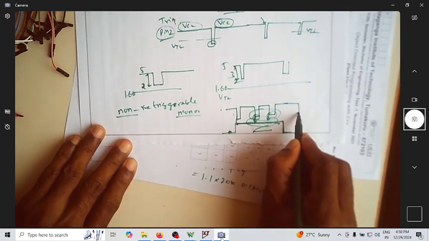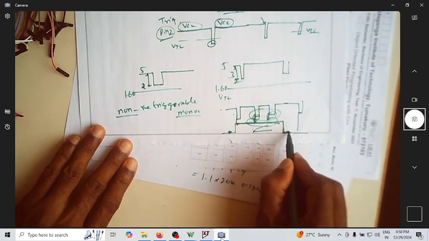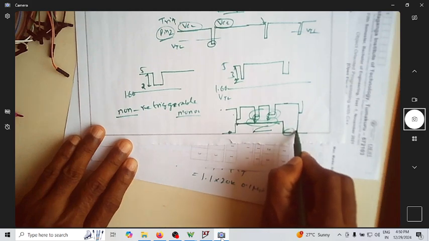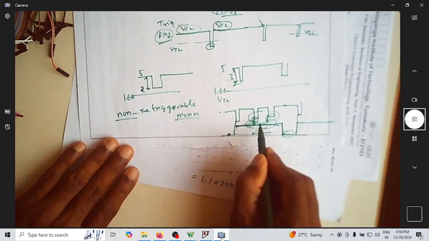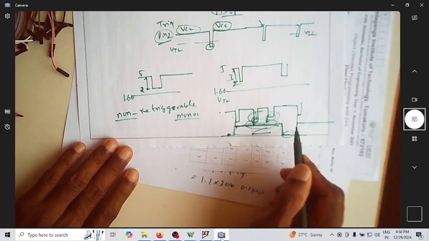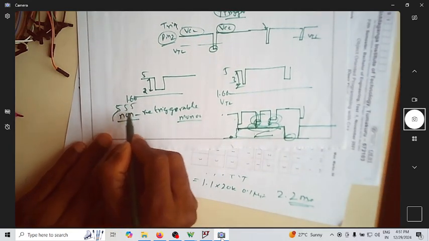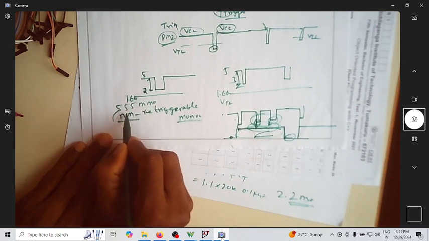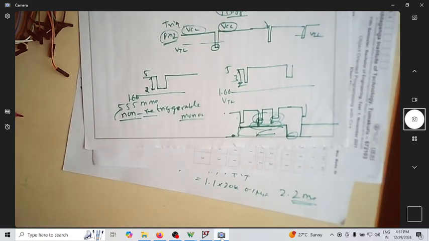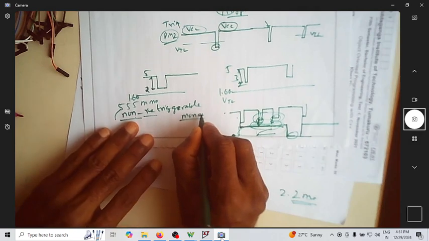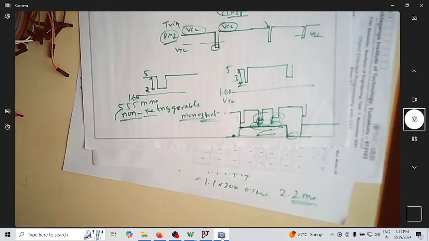If you apply a trigger signal here, it is valid because your output is in the stable state and it is triggerable. But in this state, you cannot re-trigger it. That's why the 555 timer monostable multivibrator is a non-retriggerable monoshot. Thank you.